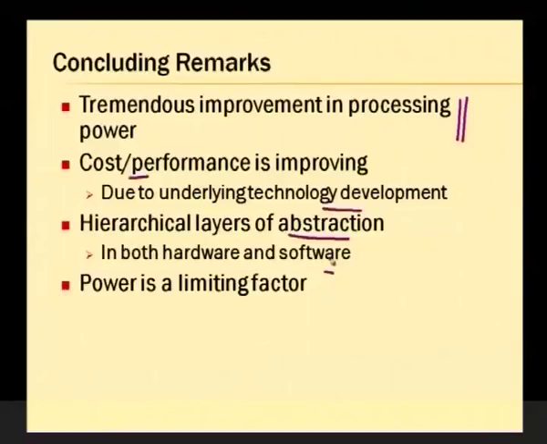Those are different levels of abstraction which facilitate developing systems that are able to make use of these improvements in the raw performance provided by the technology and by the processors which are built on top of that technology. The only limiting factor that we are coming up against now is power. How do we get better performance at lower power? That is where we are today.